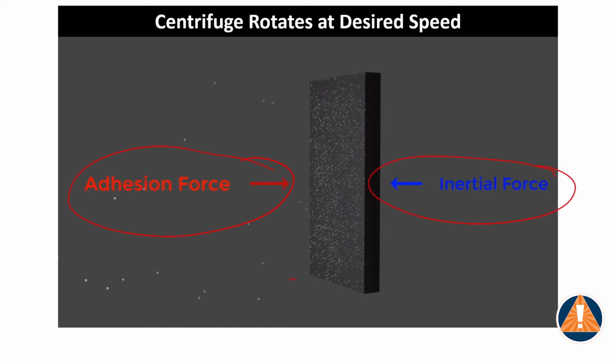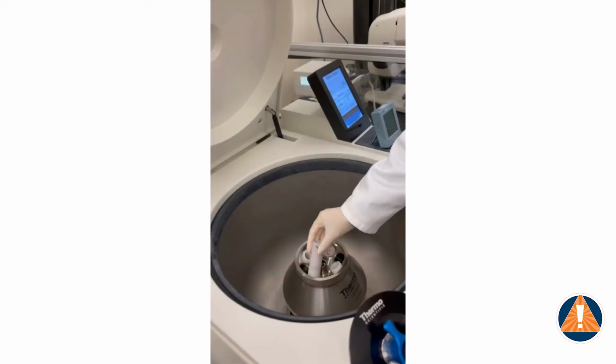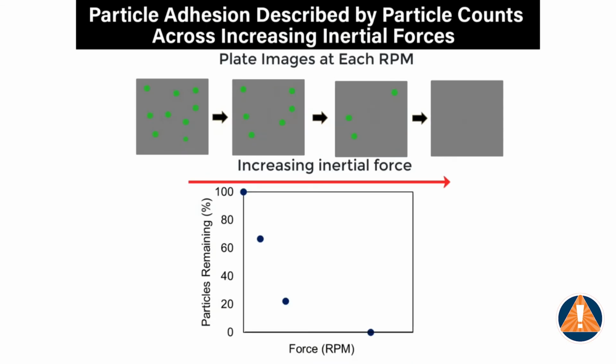And that inertial force is related to the rotational speed of the centrifuge and the size of the particles and the distance of the plate away from the center of the centrifuge. It's a very simple mathematical expression. So there we go. We put the centrifuge tube inside the centrifuge. We rotate it, and we go through and do what I just showed you a moment ago in terms of getting the fraction of particles remaining as a function of force.